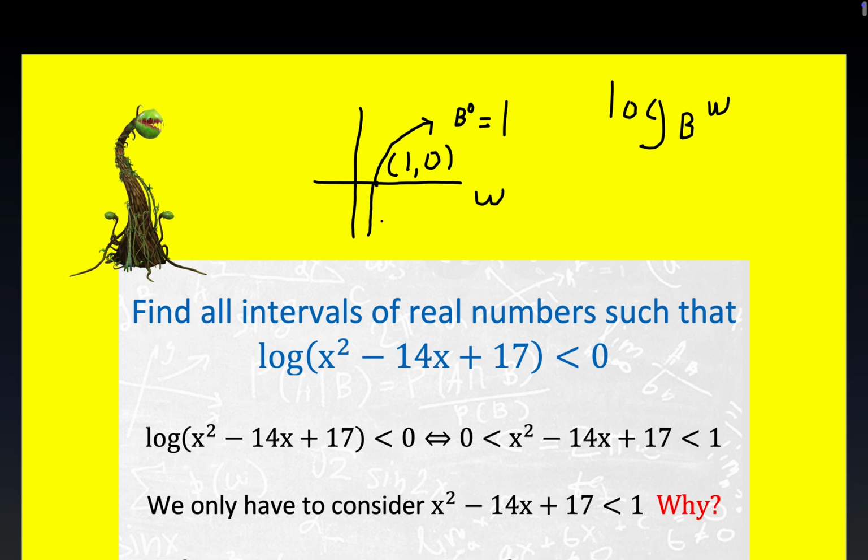So it looks like that, and what we can see right here is that log base b of the input argument w is less than 0 if 0 is less than w less than 1. And you can see the graph here.